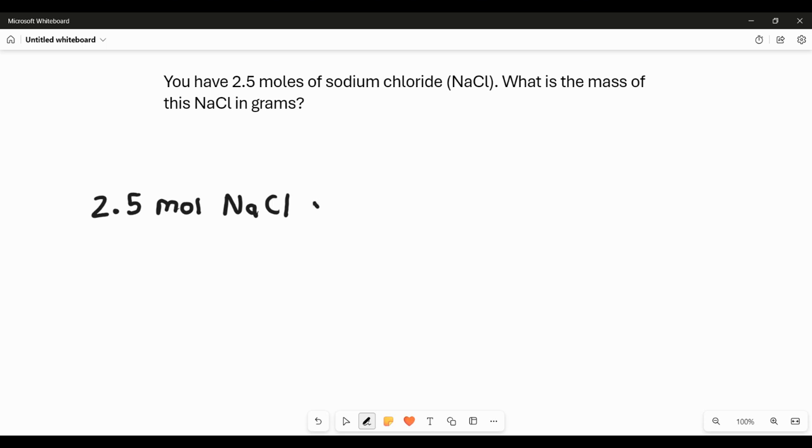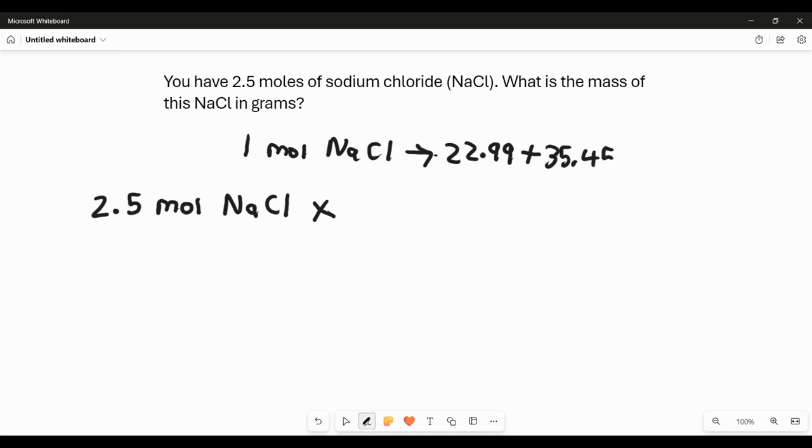Well, we know that we can find the molar mass of sodium chloride for 1 mole of sodium chloride. So for 1 mole of sodium chloride, from the periodic table, we can find that the molar mass of sodium is 22.99, plus the molar mass of chlorine, which is 35.45.